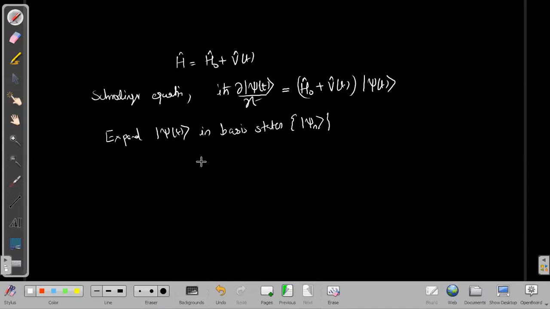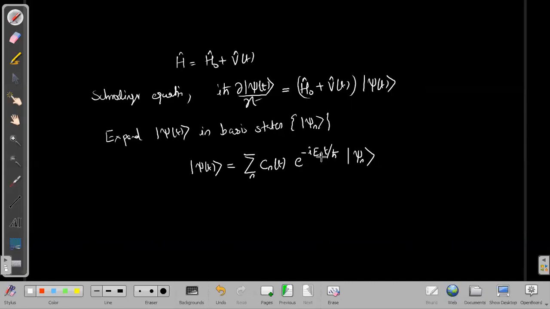Then I can expand my psi of t as the sum over n of c n of t, e raised to minus i E n t by h cross, psi n. Is it okay?